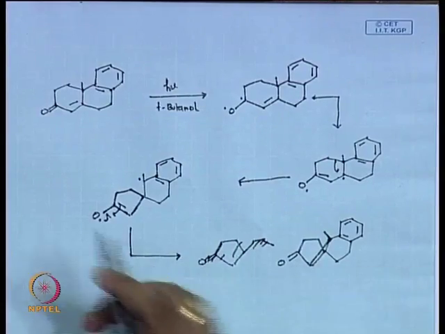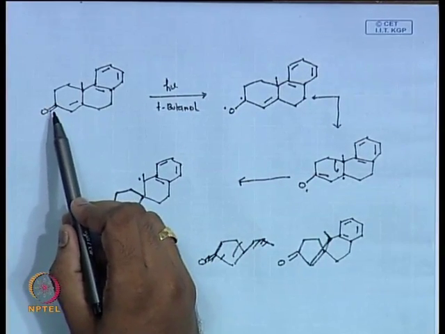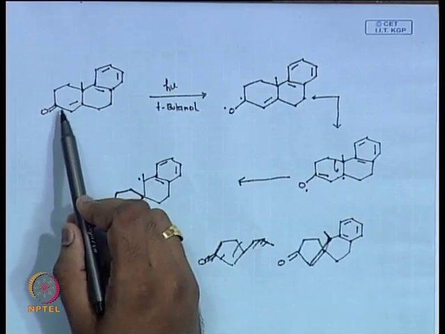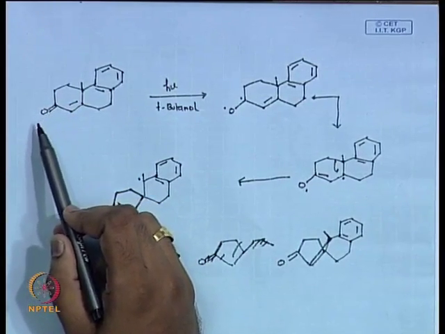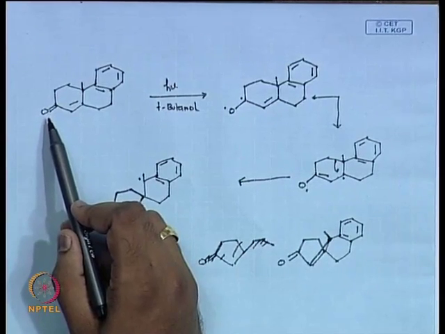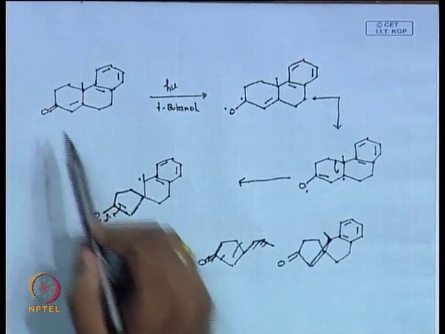IR, how much does it come? This carbonyl. What is this carbonyl? This is an alpha beta enone. It's not just a carbonyl, right? Alpha beta enone, where does it come? 1680. Ketone is 1720, so it is 1680. You are good. This one?